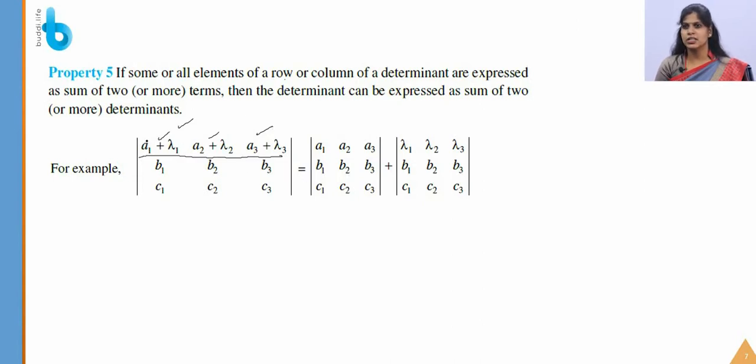That is, with the first value alone you can form a determinant, that is a1, a2, a3 alone you can form a determinant, and with lambda 1, lambda 2, lambda 3 you can form another determinant.